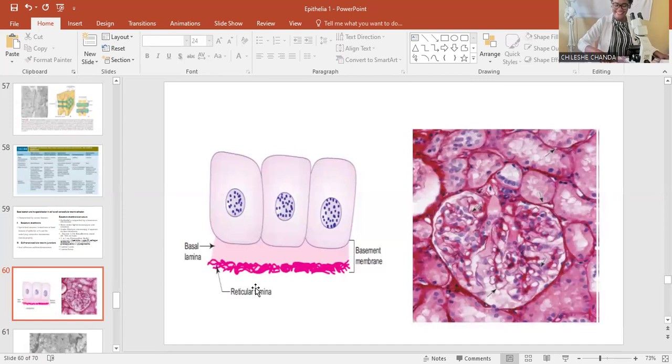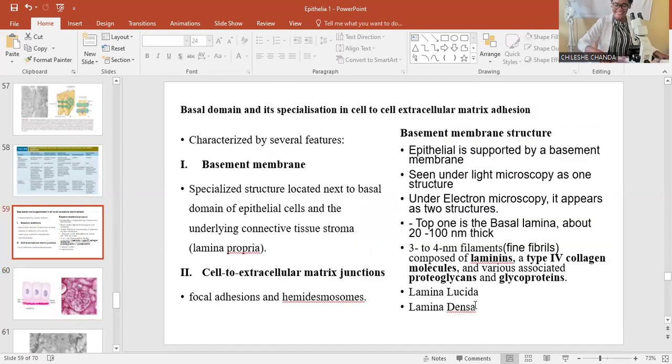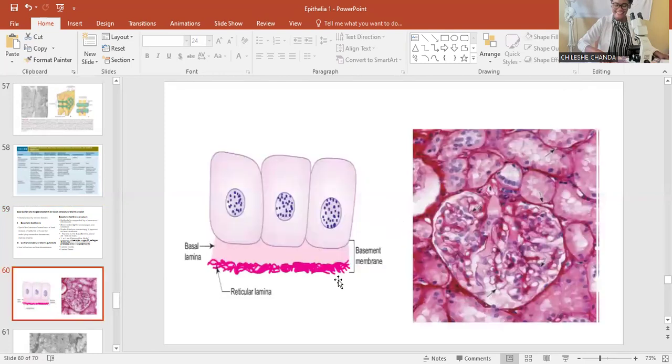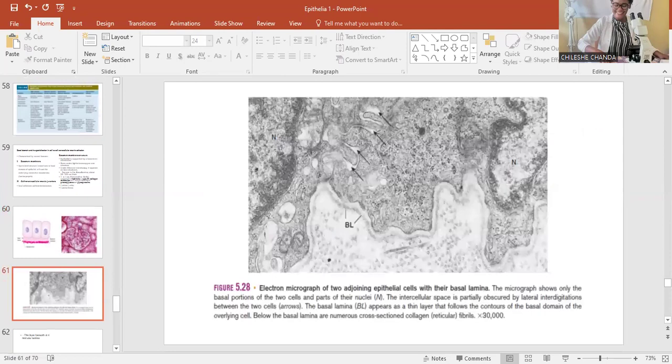The topmost layer is the basal lamina, which looks glass-like, and the bottom one is the reticular lamina, which looks like it has fine fibrils. The basal lamina, like we said earlier, is also subdivided into two, the lamina lucida and the lamina densa. So that is how the basement membrane is.